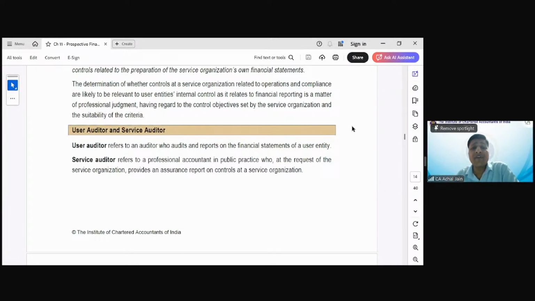Service auditor refers to a professional accountant who, at the request of the service organization, provides an assurance report. So the auditor of A Limited is not involved in this. The auditor of A Limited is waiting for a report on the service organization. So who will provide that? Another auditor will come in, which you call the service auditor.